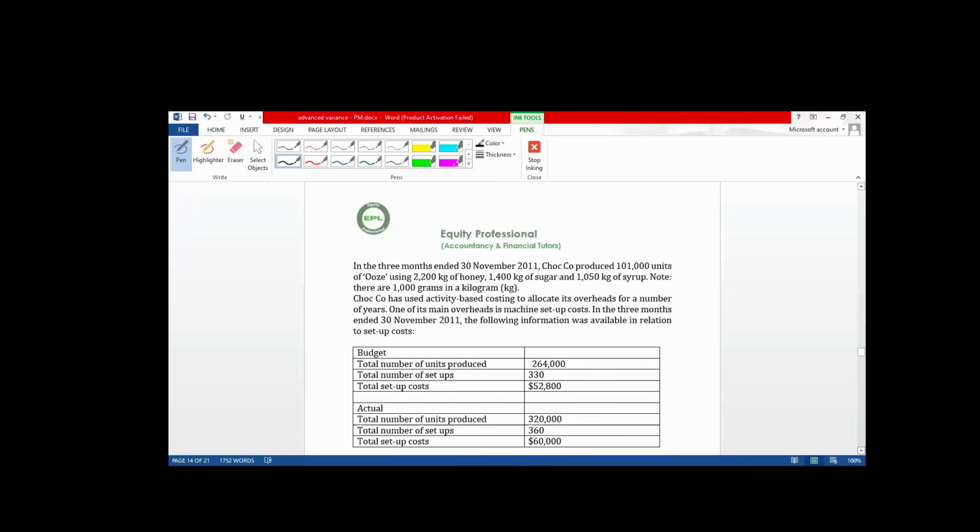Budget: total number of units produced, number of setups, total setup cost. Actual: units produced, total number of setups, total setup cost.